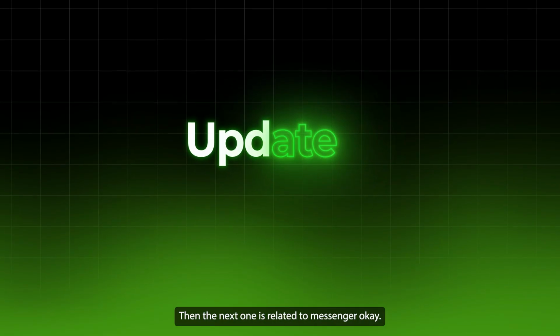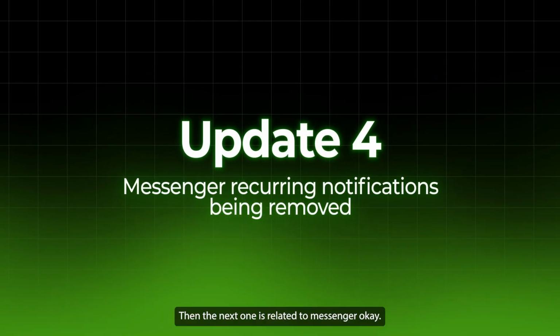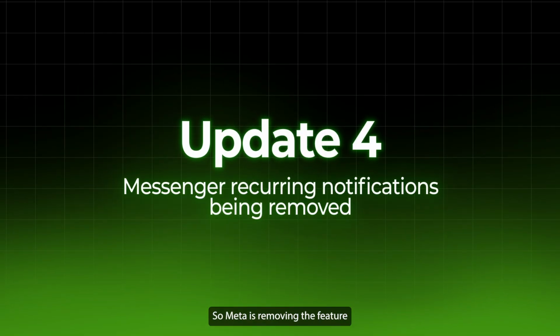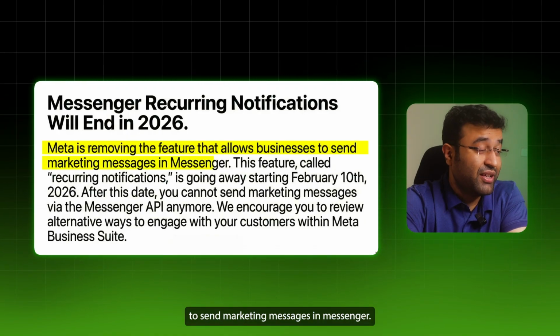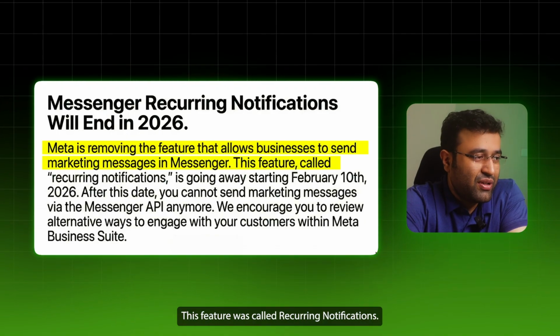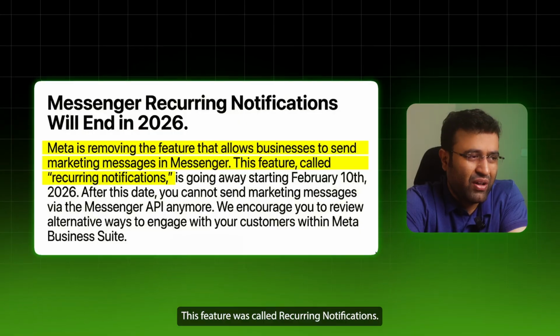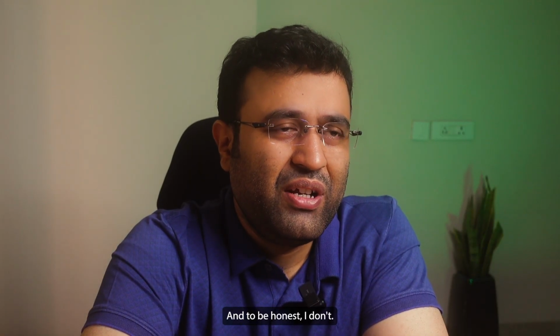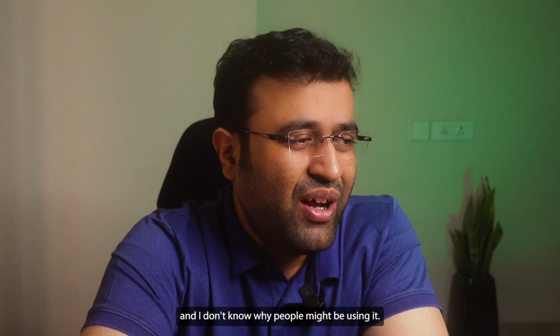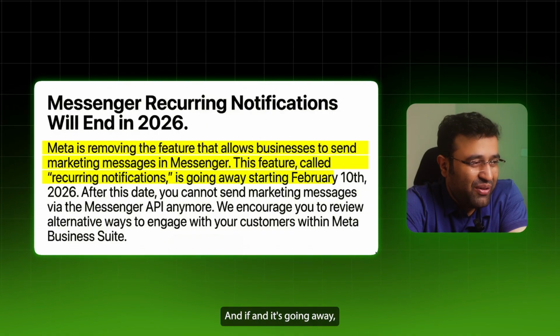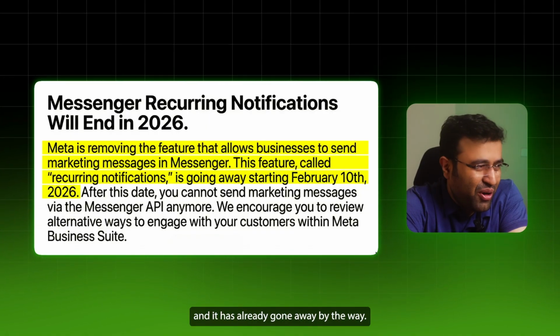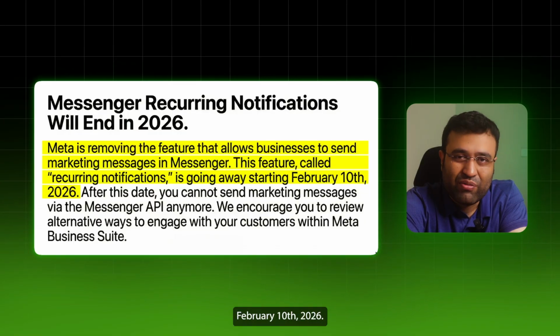Okay, then the next one is related to Messenger. Meta is removing the feature that allows businesses to send marketing messages in Messenger. This feature was called recurring notifications, and to be honest, I have never used it, and I don't know why people might be using it. It's going away, and it has already gone away, by the way, February 10th, 2026.